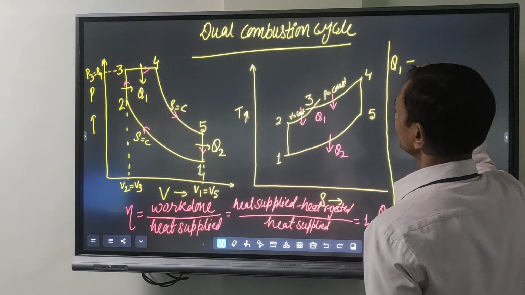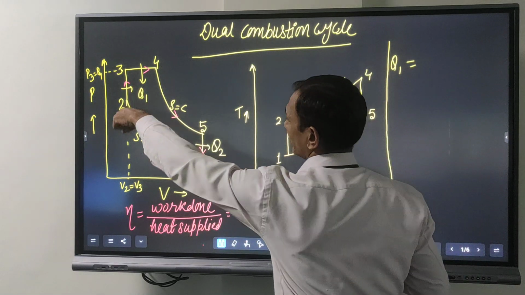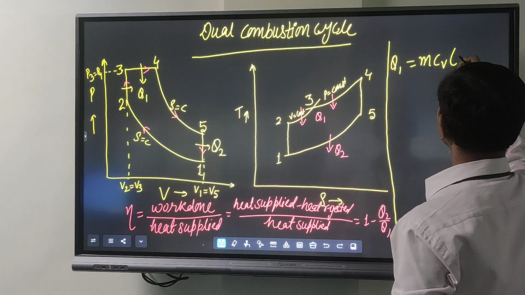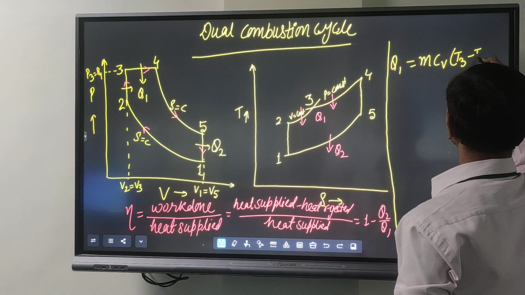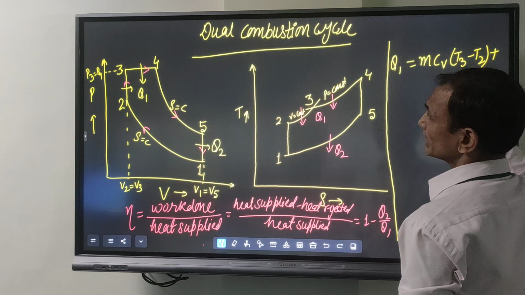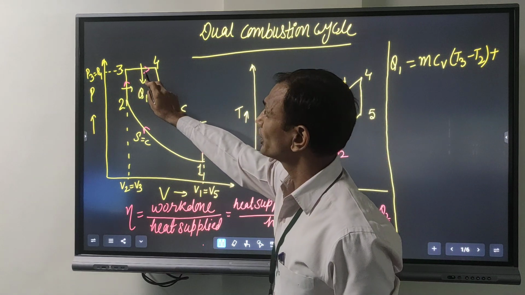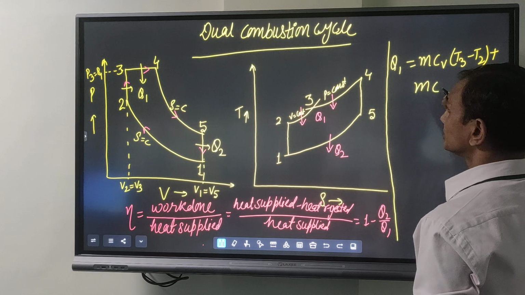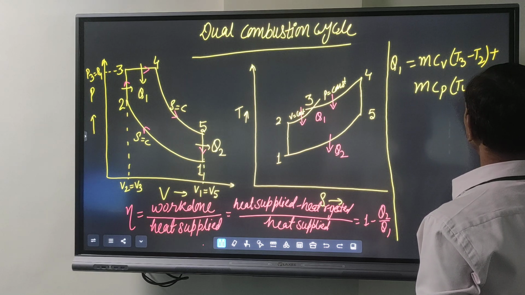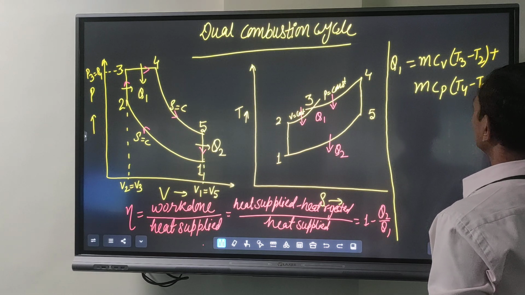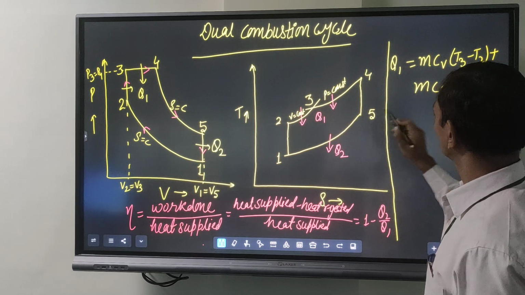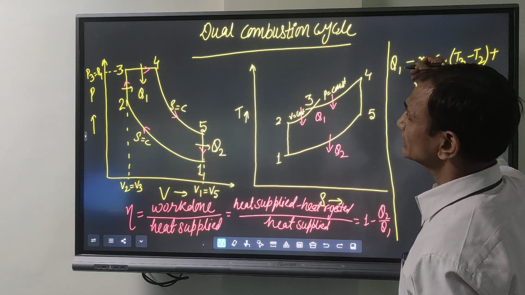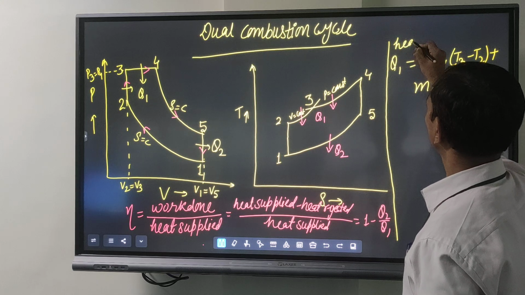Total heat supplied Q1 is equal to, at constant volume, m Cv (T3 minus T2), plus at constant pressure from 3 to 4, m Cp (T4 minus T3). T4 is higher than T3, so T4 minus T3. This is Q1, the total heat supplied.